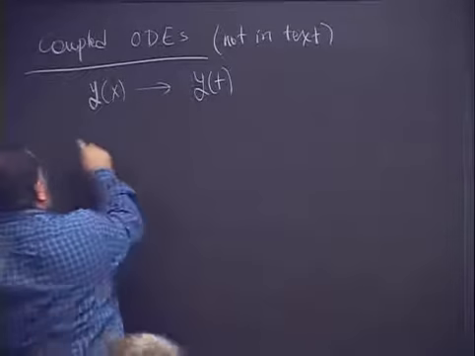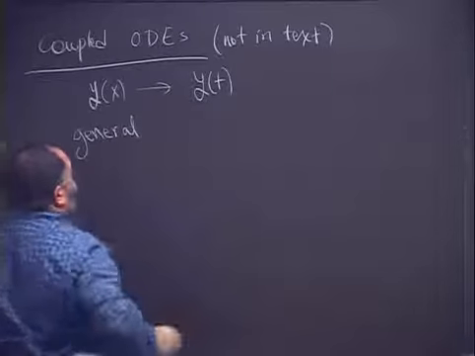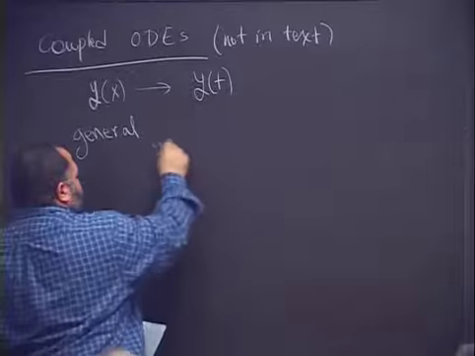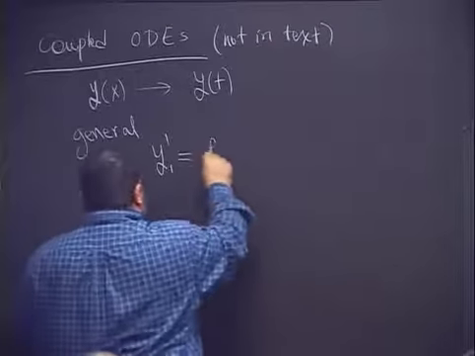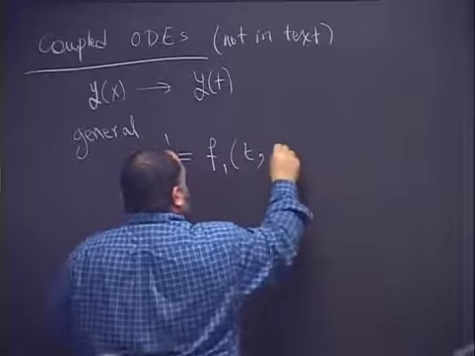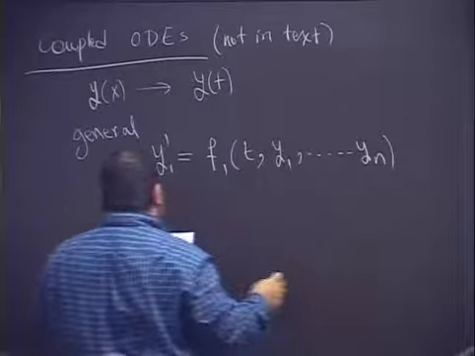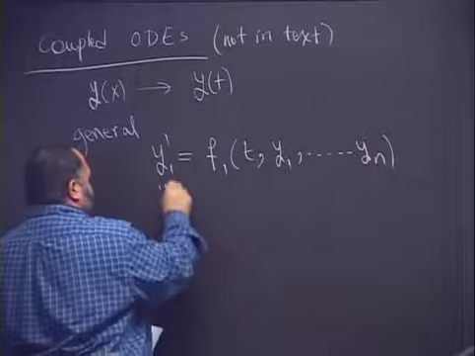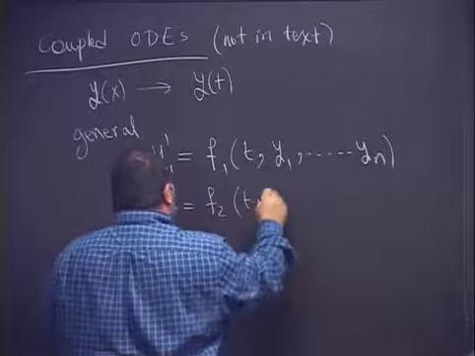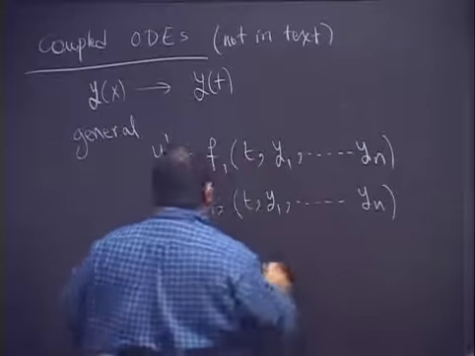So the general form for the coupled ODEs is y1 prime equal to f1 of time t, y1 up to yn, and y2 prime is just another function f2 of t, y1 again up to yn.